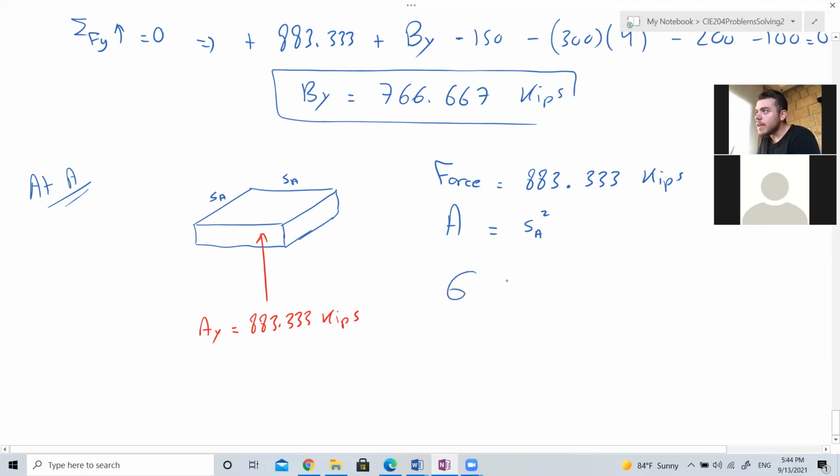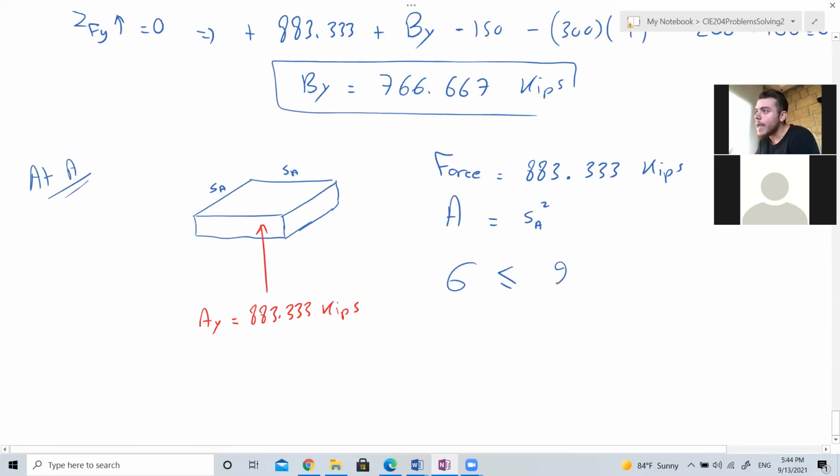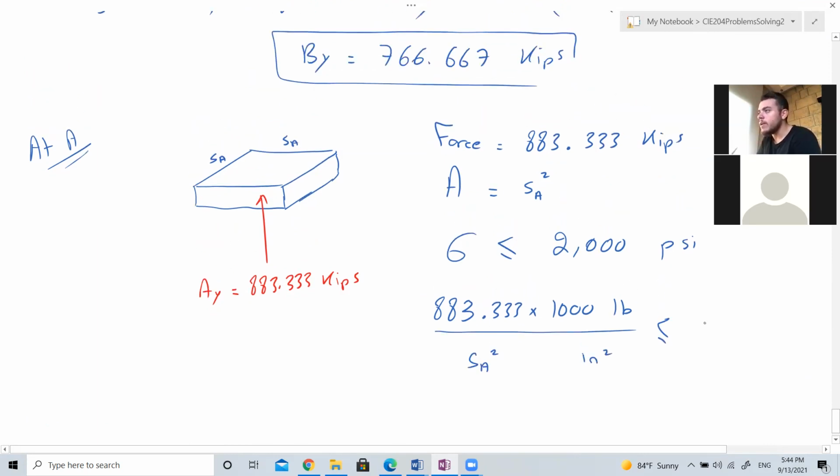The design equation is sigma less than or equal to 2 ksi, meaning 2000 psi. Sigma is the force, 883.333 times 1000 to convert to pounds, over SA squared in inch squared, less than or equal to 2000.